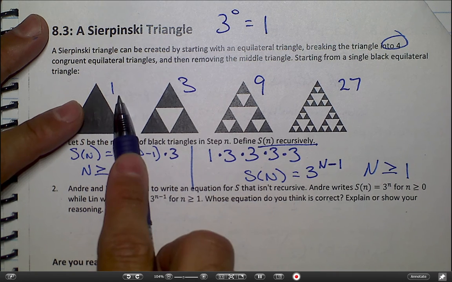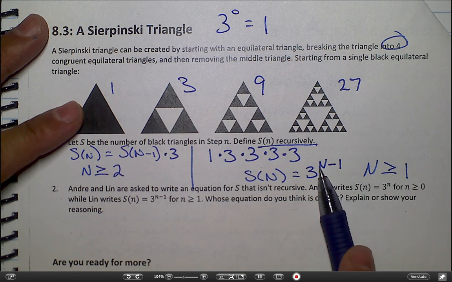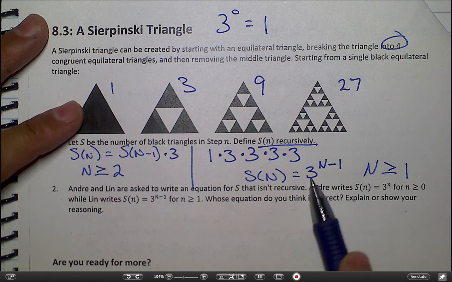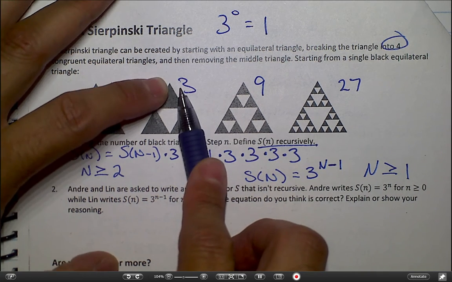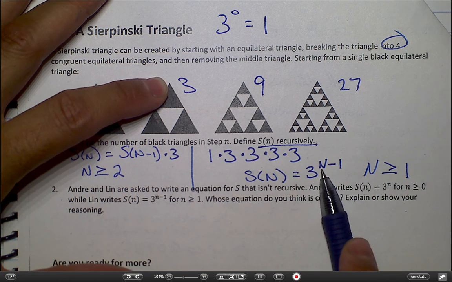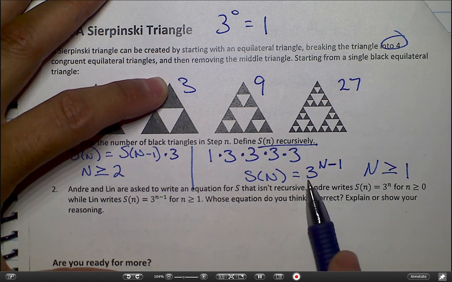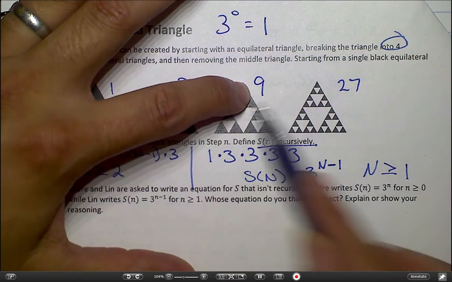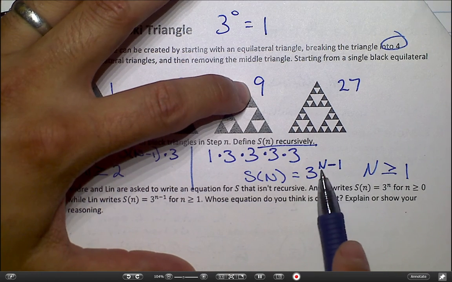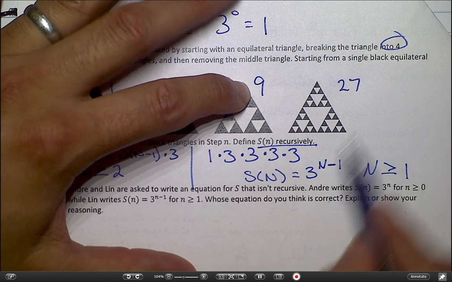There we go, I get that one. Now my second term, 2 minus 1 is 1. 3 to the first power is 3. And for the third term, 3 minus 1 is 2. What is 3 squared? 9. Fourth term, 4 minus 1 is 3. 3 to the third power would be 27.